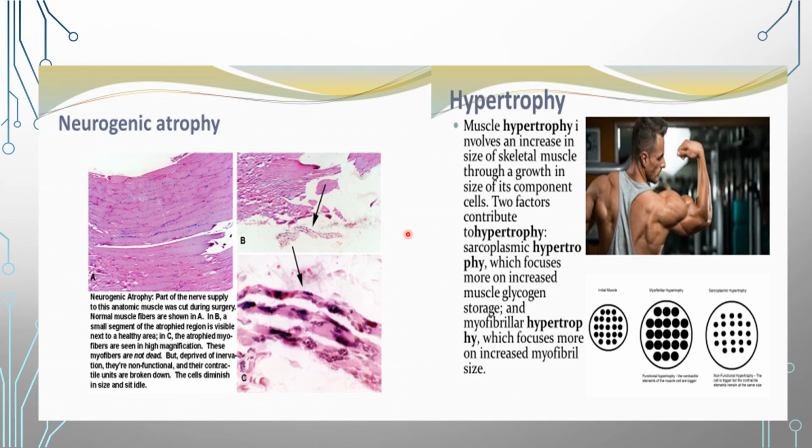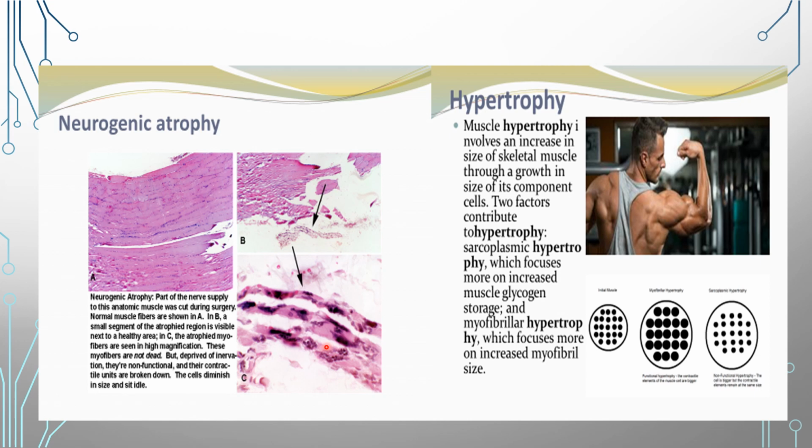This is a diagram showing you the neurogenic atrophy in which the neuromuscular junction is affected, or the nerve is injured, and the muscle fiber is de-innervated. You can see here the normal muscle in this part of the diagram, whereas this part shows you the small segment of the atrophied region visible next to the healthy area.